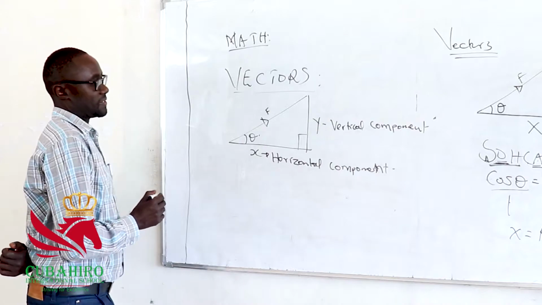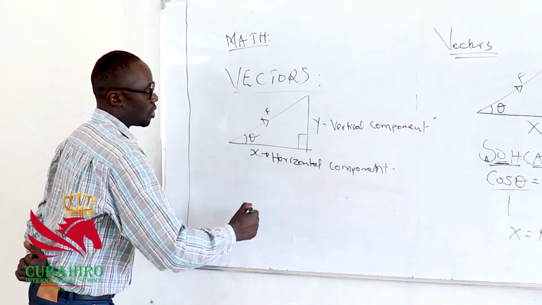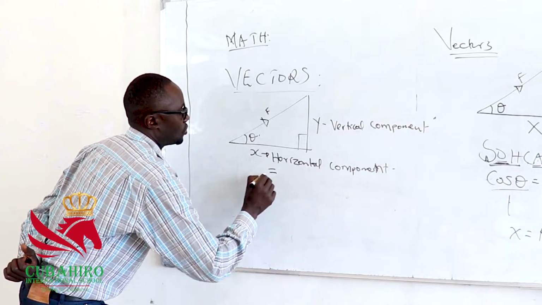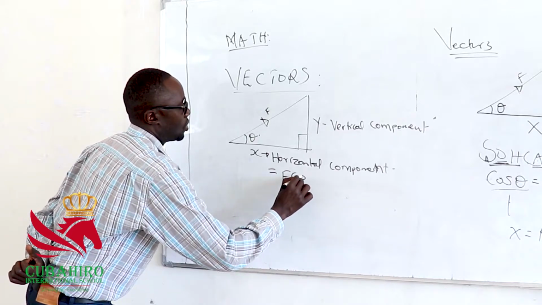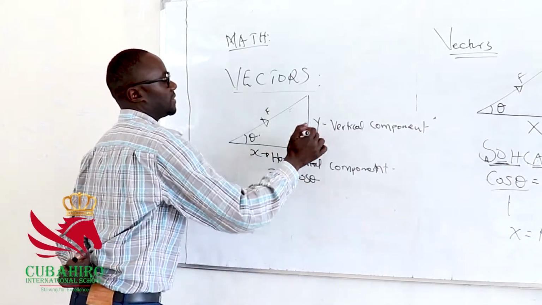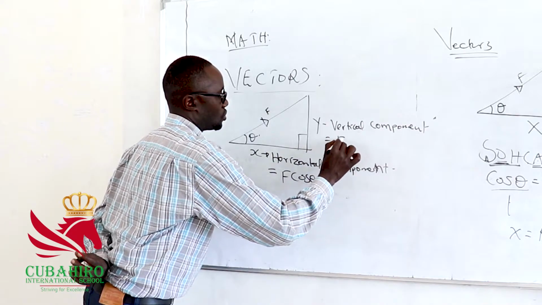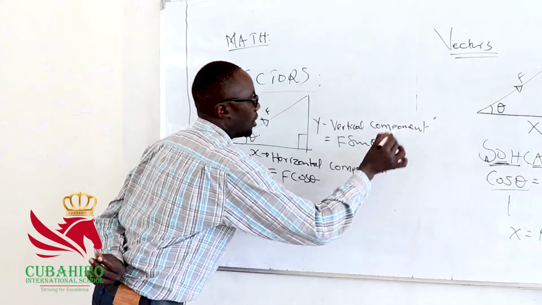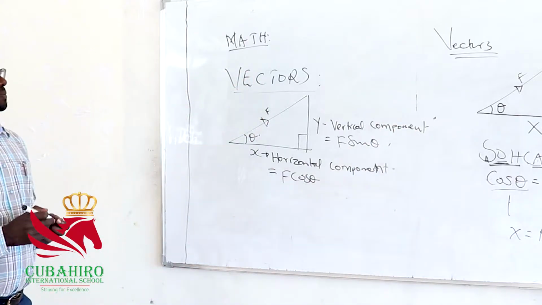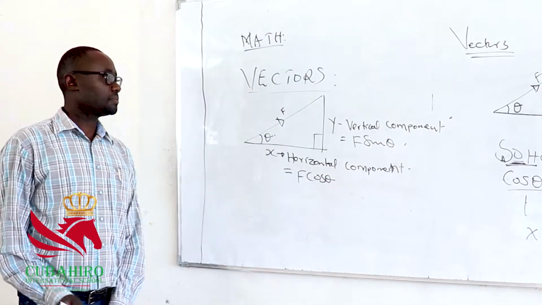I can comfortably say that the horizontal component is equal to F cosine theta. And the vertical component is equal to F sine theta. Very good.